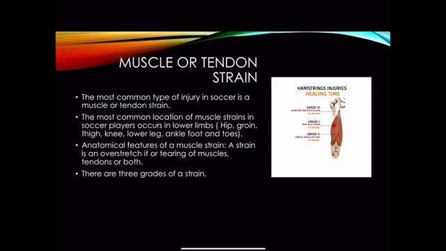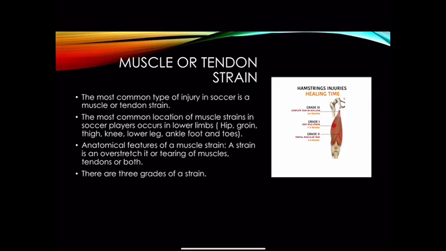A strain is an overstretch or a tear of muscles, tendons, or both at the same time. And there are three grades of a strain. Over to the right, we can see in the picture a demonstration of hamstring strain levels. The reason I put hamstring here is because it's the most common location of a strain for soccer players.